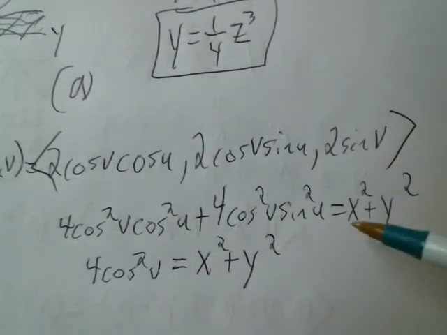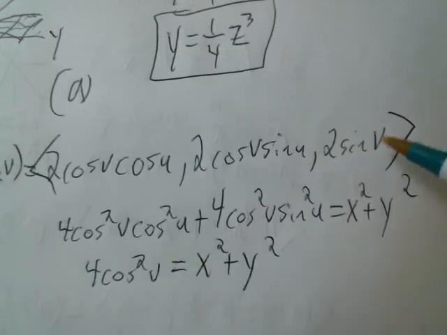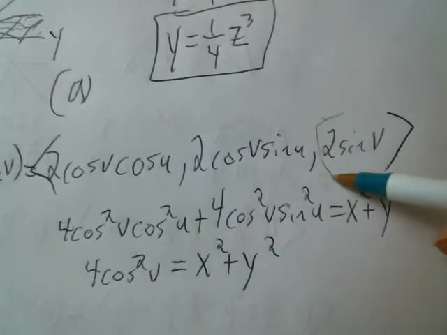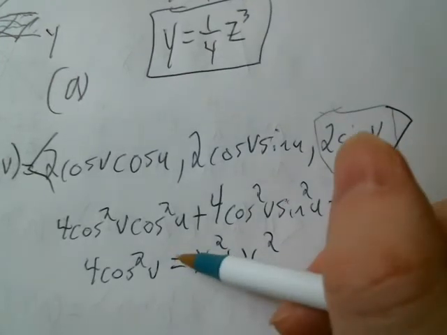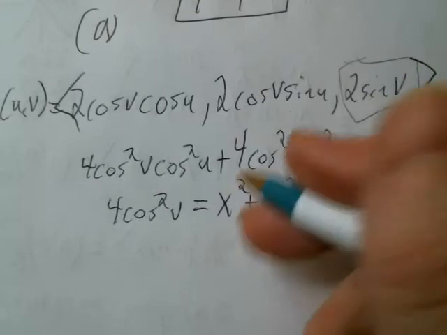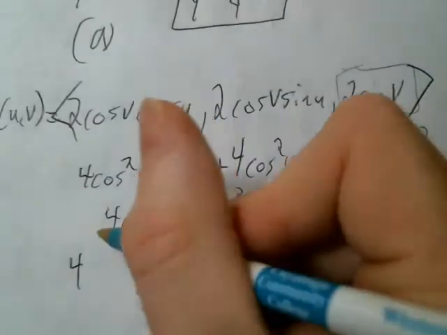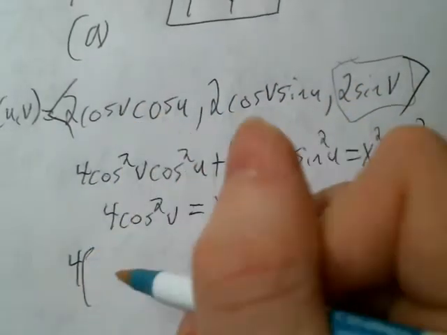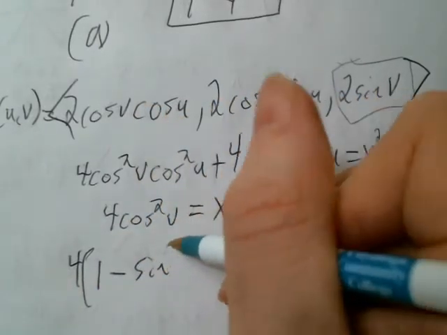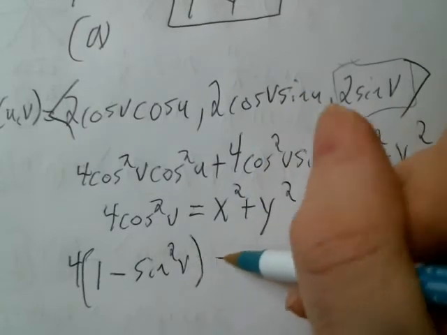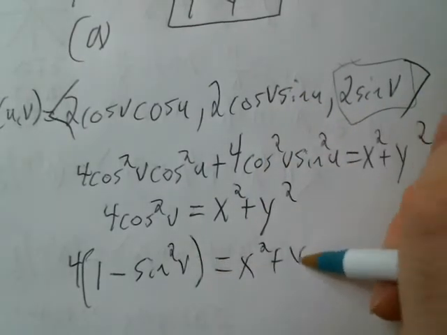And you want to eliminate the parameter, right? You want to eliminate this v. So we can kind of use this in order to eliminate this, because cosine squared is just what? Well, that's 1 minus sine squared v. That equals x squared plus y squared.